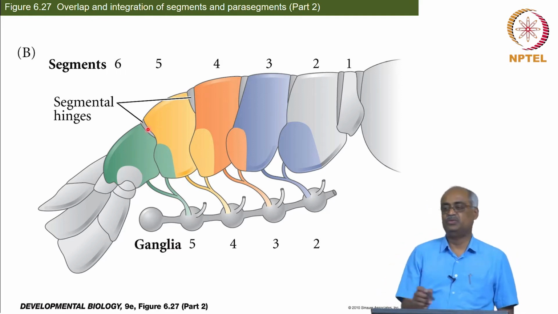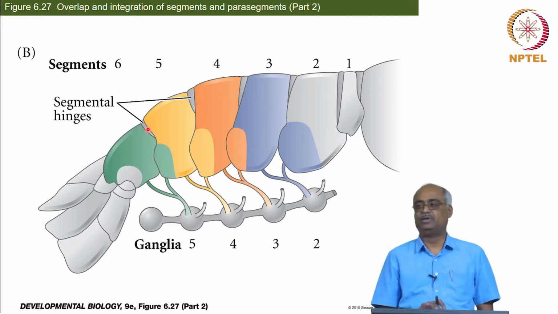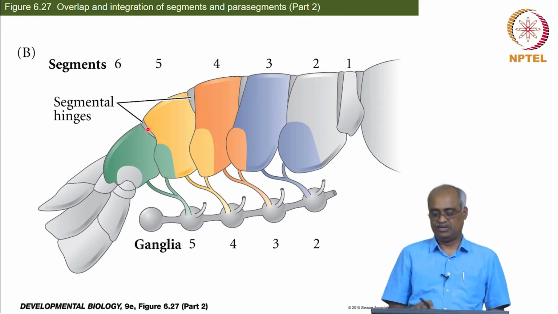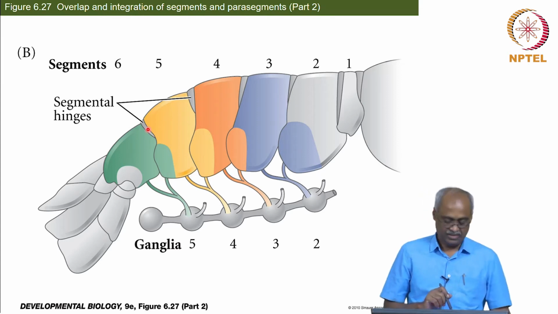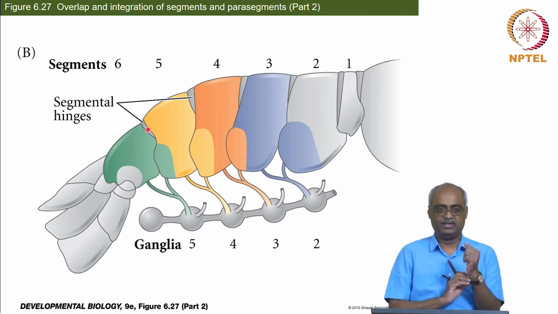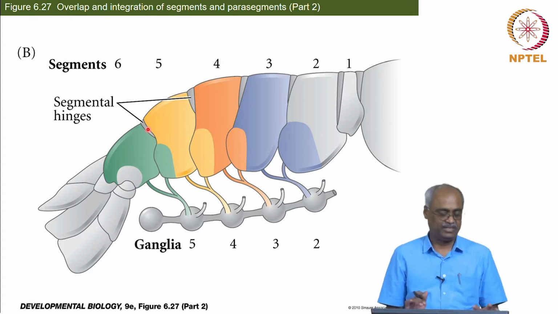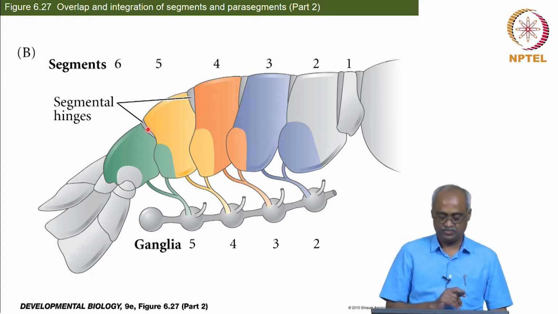So, that is how the different segments are coordinated, and that is why this parasegmental pattern becomes important for the organism to function normally. Okay. So, we have learnt what is a segment and parasegment and what is the relationship between the two. Now, we will get back to the genes.